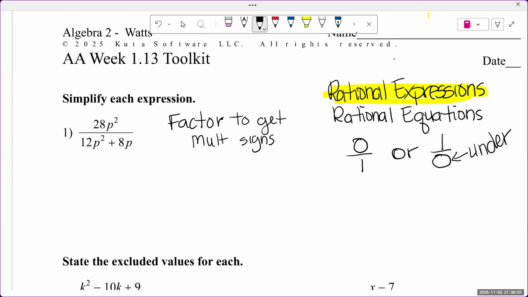The bottom, the greatest common factor is 4p. So I have 3p plus 2. And then on the top, I could say this is 4 times 7 times p times p.